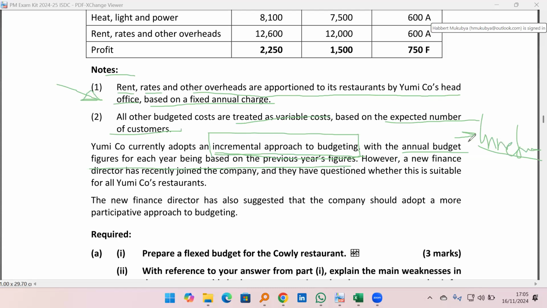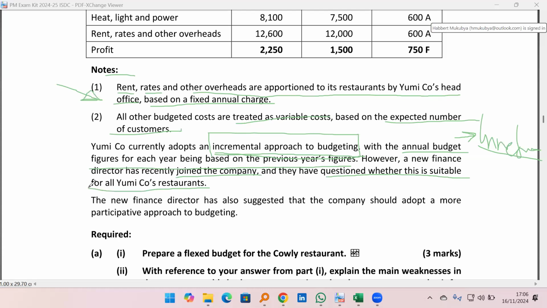Of course, when you look at the notes, and also if you go to the study hub and you read through, you will see that there are some reasons why you shouldn't do incremental budgeting, but there are some cases where it is actually something that you would like to do. But the new director has joined the company, and they have questioned whether it is suitable for all Yumi's restaurants.